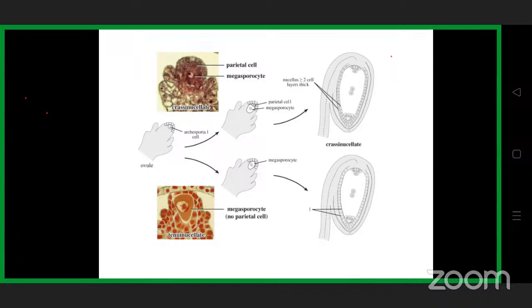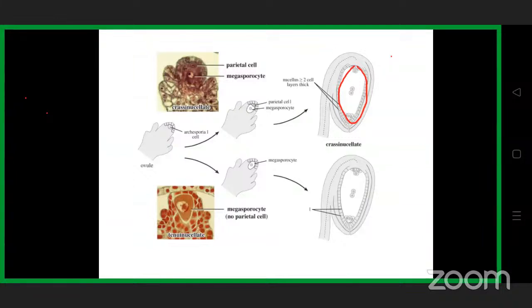Nucellus is a nutritious layer. It's diploid. This will supply the nutrition to the developing embryo, toward the developing embryo sac.